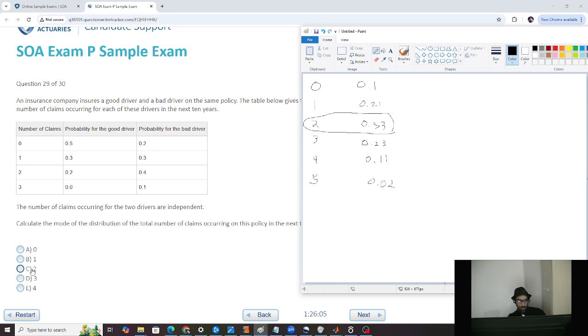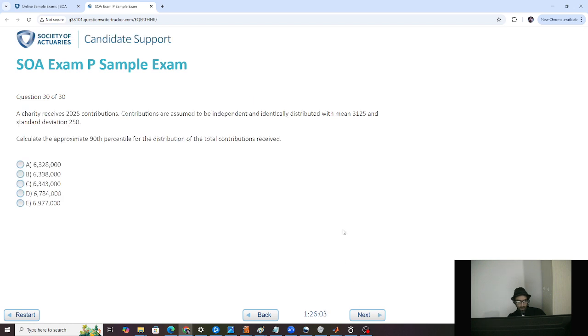There we go. Okay. And finally, a charity receives 2025 contributions. Contributions are assumed to be independent, identically distributed. Mean 3125, standard deviation 250. Calculate the approximate 90th percentile for the distribution of the total contributions received. Standard normal stuff.